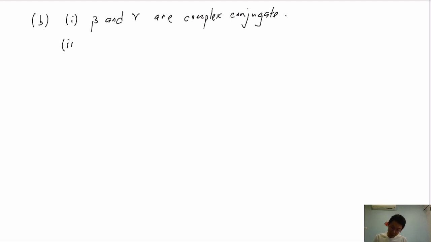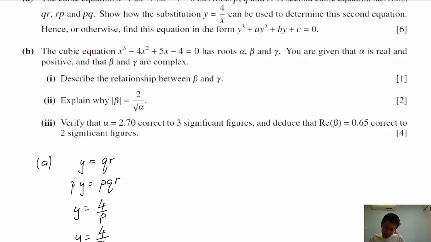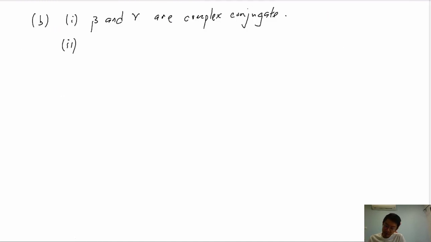Next part, part 2. For this, explain why we have the modulus of beta equals 2 over root alpha. This question is a bit similar to one of the questions in the past year. So how do we deal with this one? Because we are looking at the modulus of beta, and beta is a complex number, the modulus means we are looking at the magnitude of that complex number.